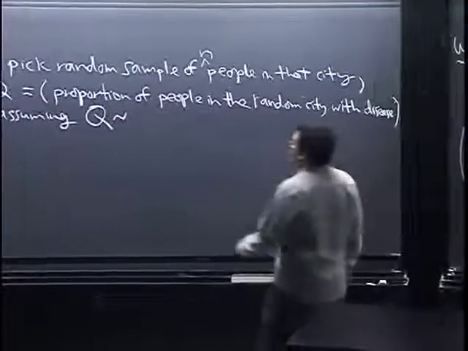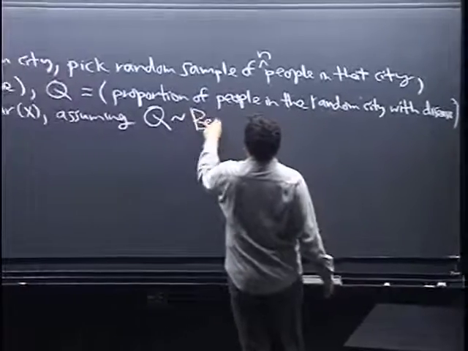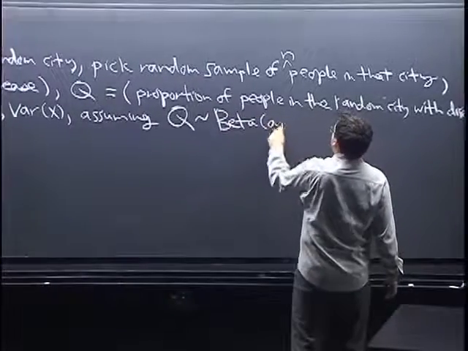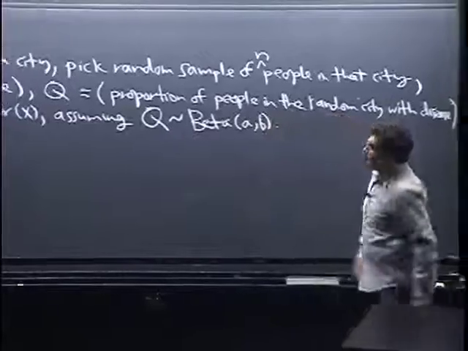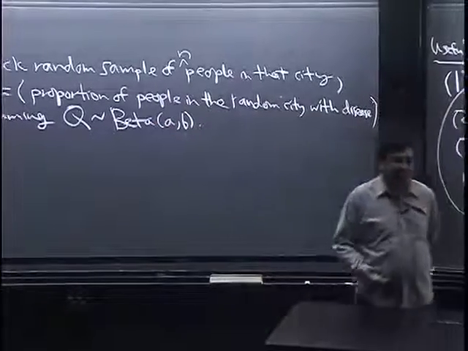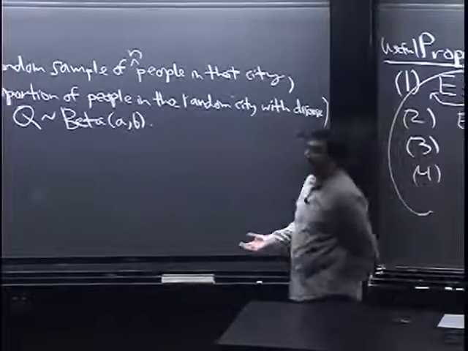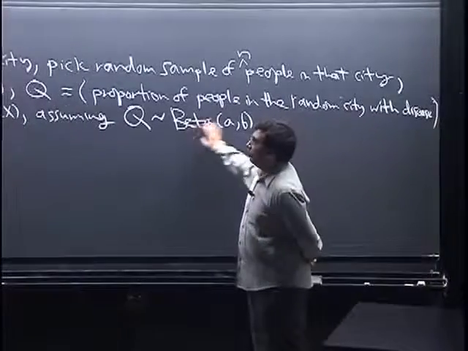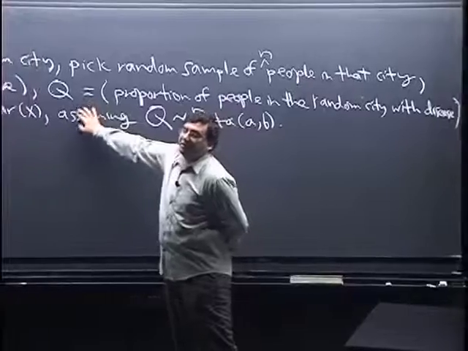So we're going to assume that Q is Beta(a, b), where a and b are known, because a beta, as we were saying when we were doing the beta, is a very flexible family. It takes continuous values between 0 and 1. We know Q has to be between 0 and 1.